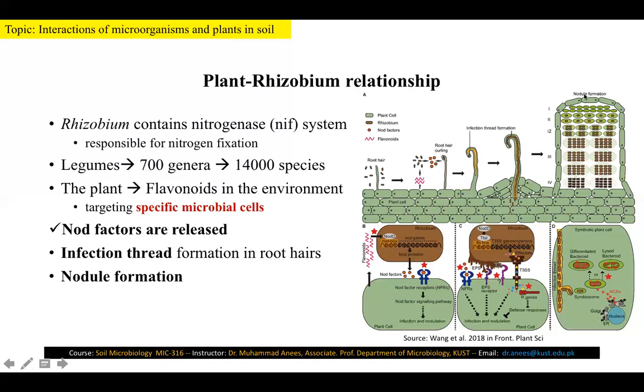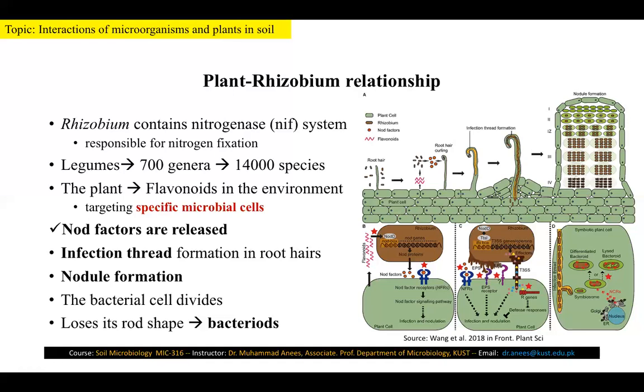develops in which microorganisms divide rapidly, and they make colonies within the nodules in the form of bacteroids. They lose their rod shape and attain a bacteroid form inside the nodules.